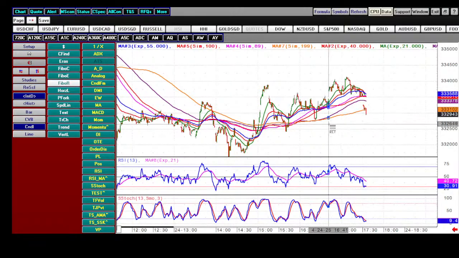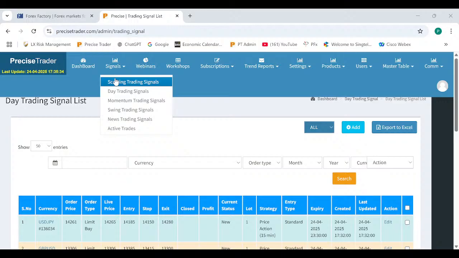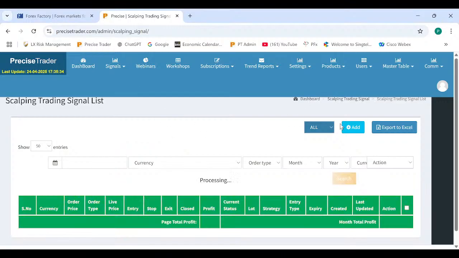Okay, 30. So we have another $4, but I think we just have missed it. So we will try to go for a sell at 34 half. Okay, so let's get into this trade. This is a scalping trade.